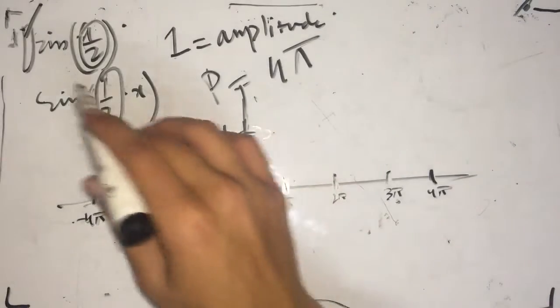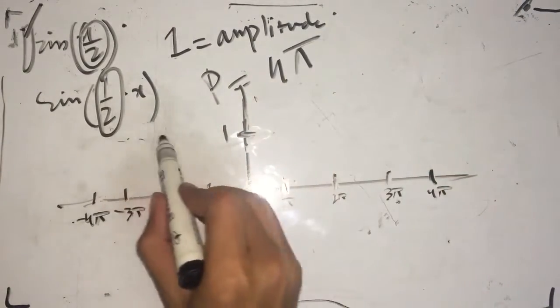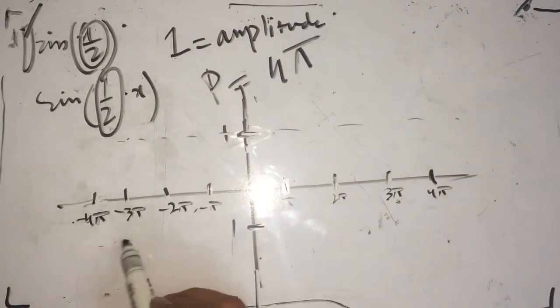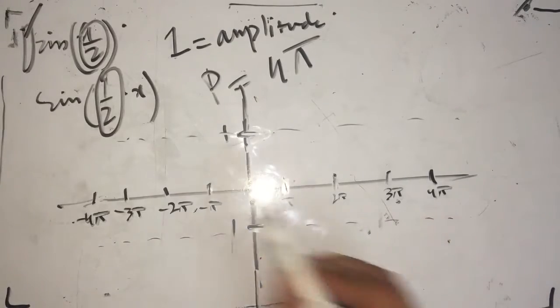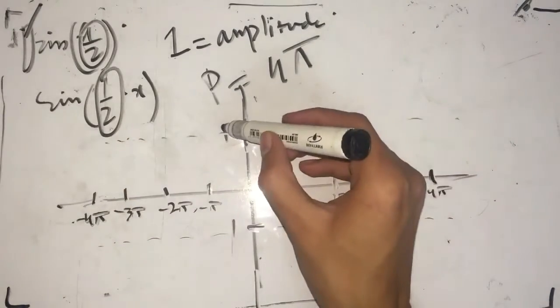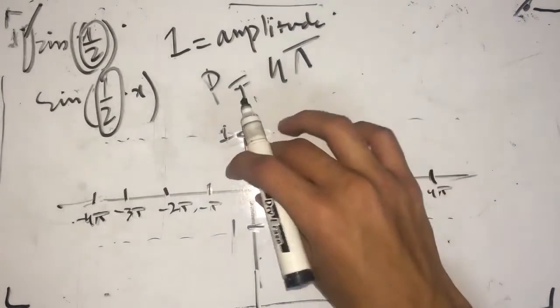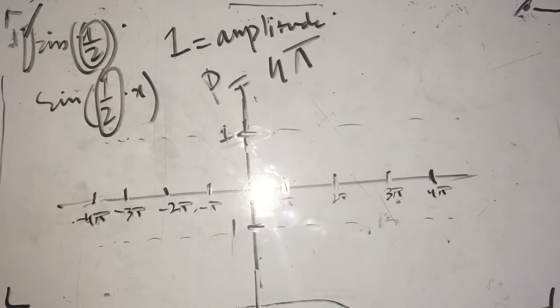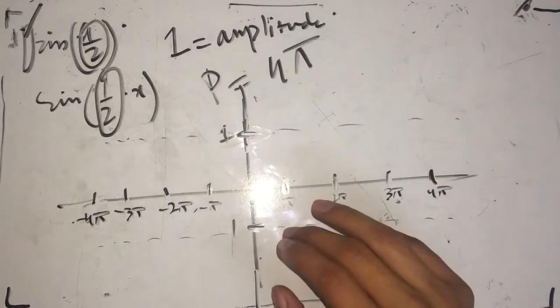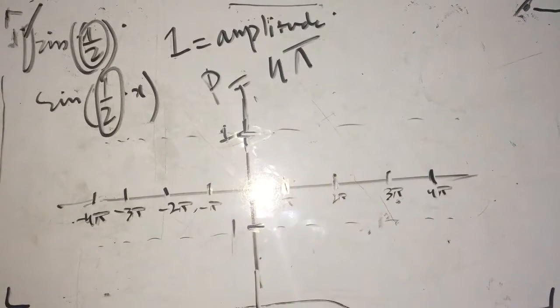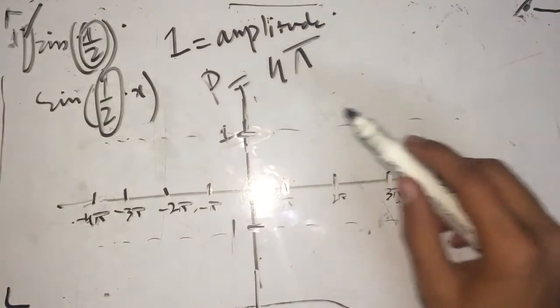So its amplitude was 1, so it's going to oscillate and repeat. The sine function is always between 1 and minus 1, unless you scale it or shift it, but it's still going to be 1. So here its period is 4 pi.